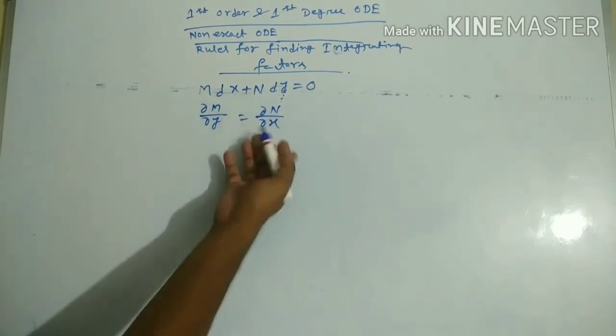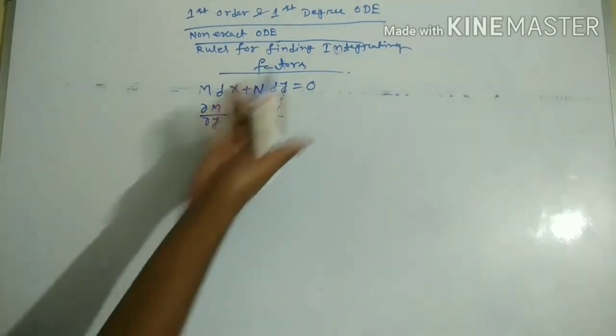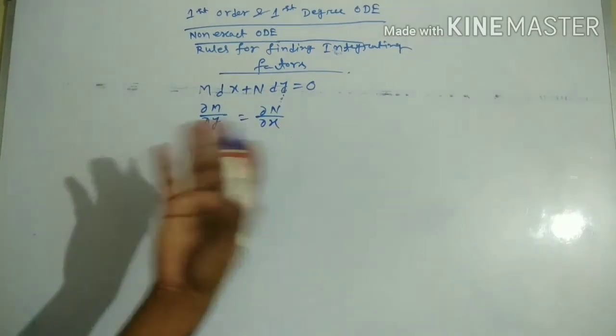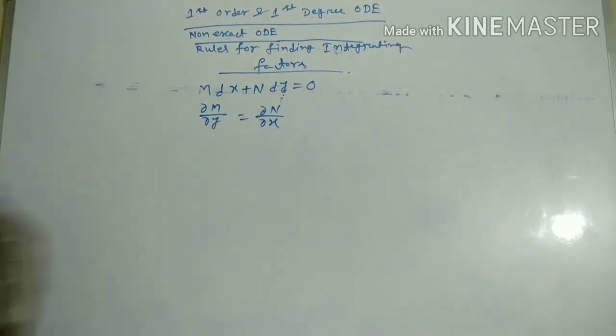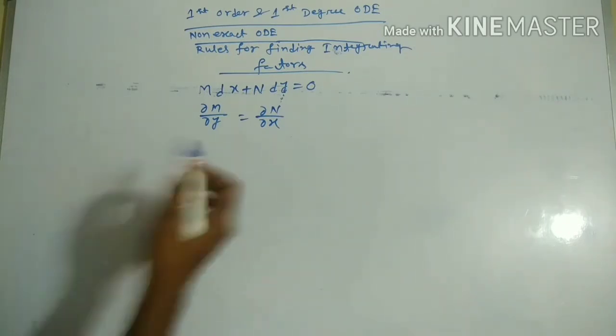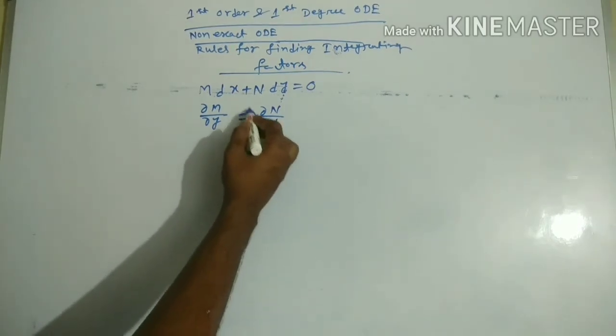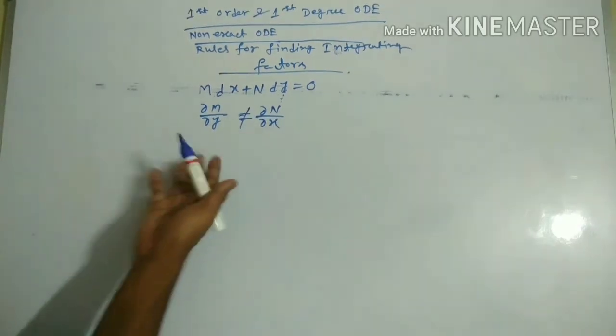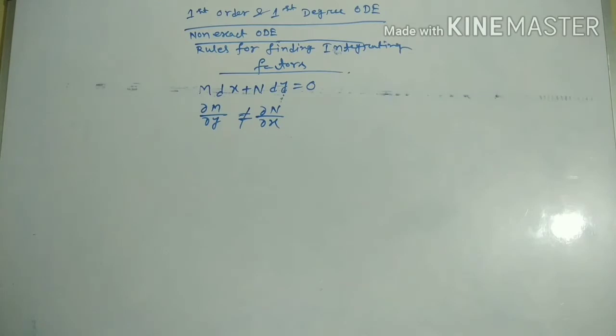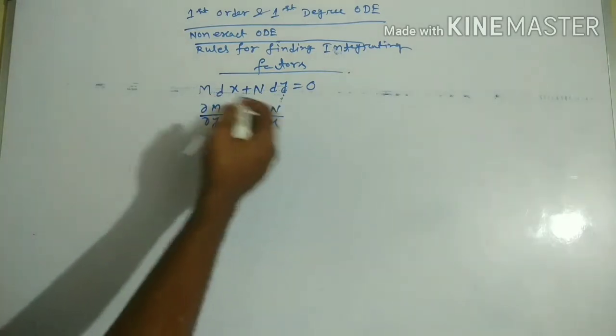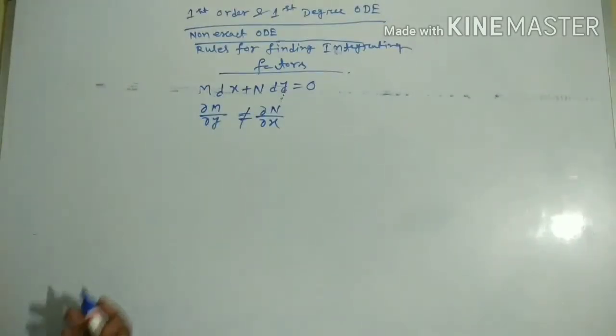If this holds, then we say that this equation is exact, and then we solve that equation following the corresponding rule for solving exact ODE. But if del M del y is not equal to del N del x, then we call this equation non-exact.